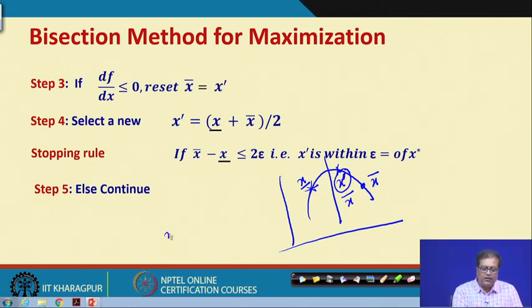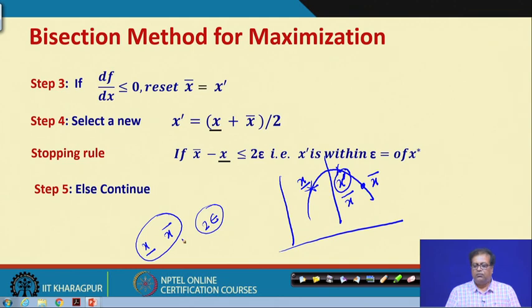If the difference between x bar and x underline is within 2 epsilon, then we should stop. That means x dash is within epsilon, because x dash is in the middle. So, this is the gap.